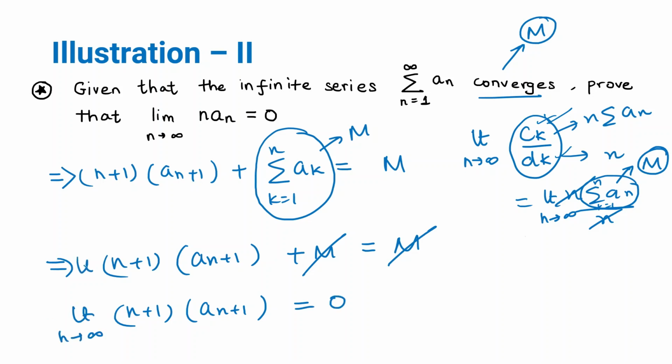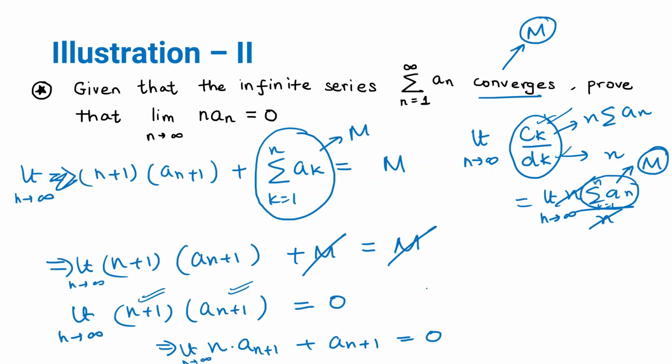I forgot to write that over here, but as n tends to infinity, it really doesn't matter whether there is an n here or an n plus 1 here. But if you really want to write that for sure, then we write this as n a_{n+1} plus a_{n+1} equal to 0.